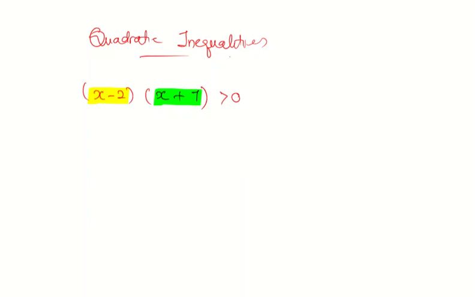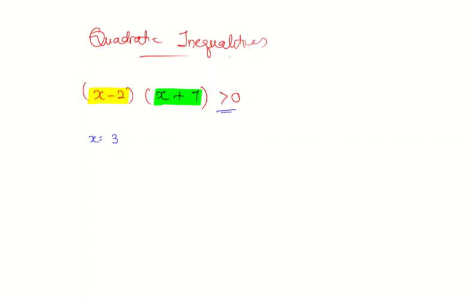When is it? When the x value is, can it be 1? No, if it is 1, it will be negative, so it must be 3, or it can be 3. X must be 3. 3 minus 2 is 1. 3 plus 7. So you must have both positive, then only you can get more than 0 positive.